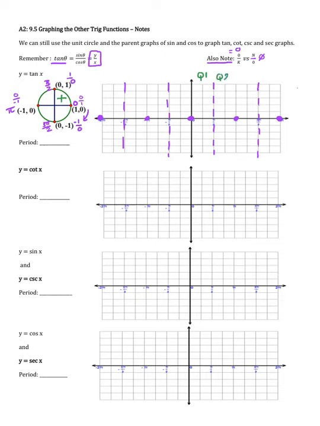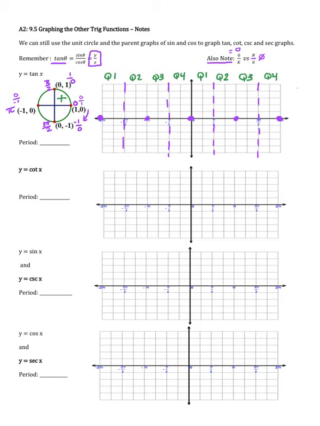Right here would represent quadrant 2. From pi to 3 pi over 2 is quadrant 3. This would be quadrant 4. And in terms of the values, it sort of repeats. This is equivalent to quadrant 4, quadrant 3, quadrant 2, quadrant 1.